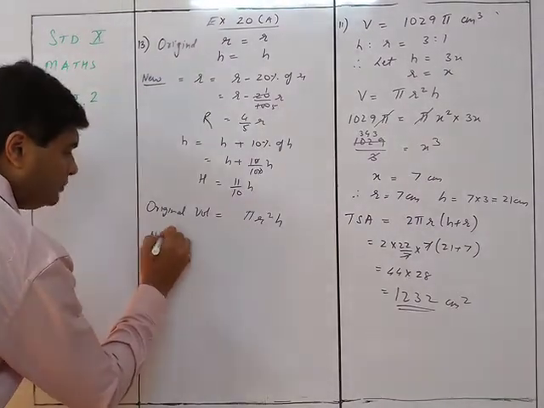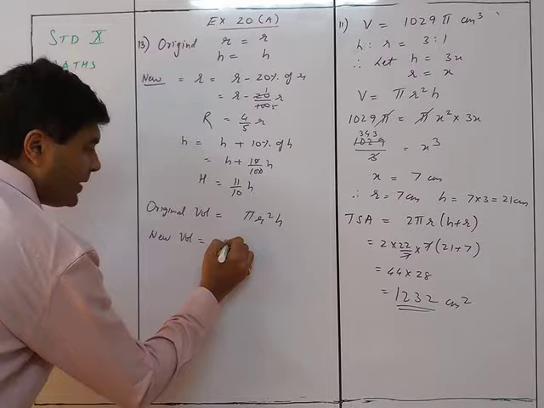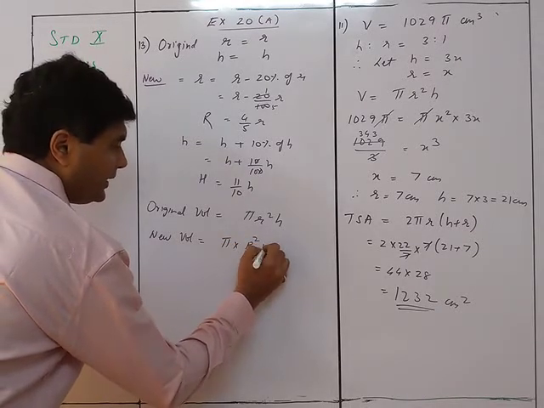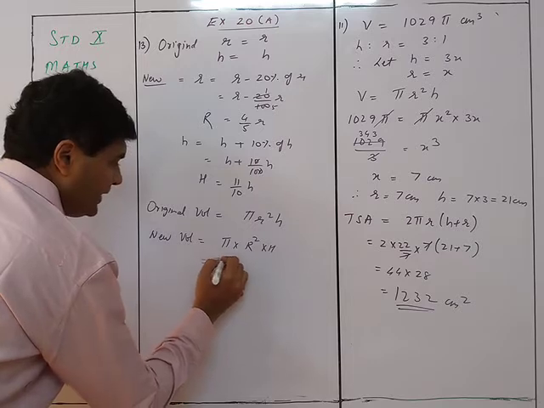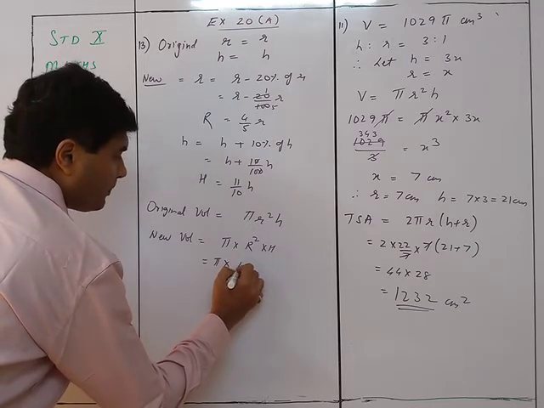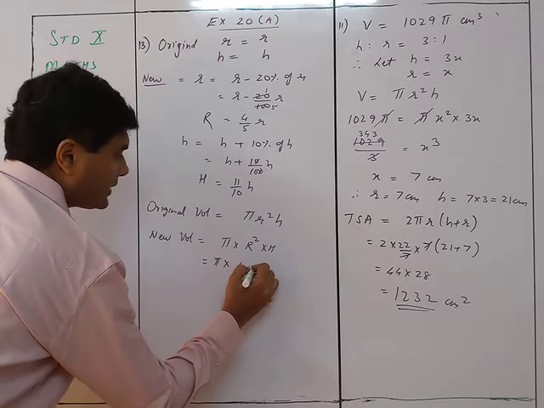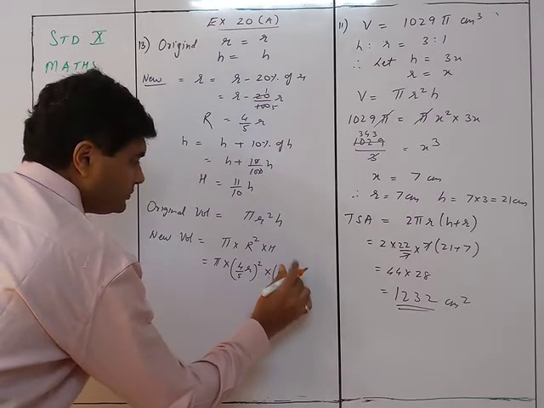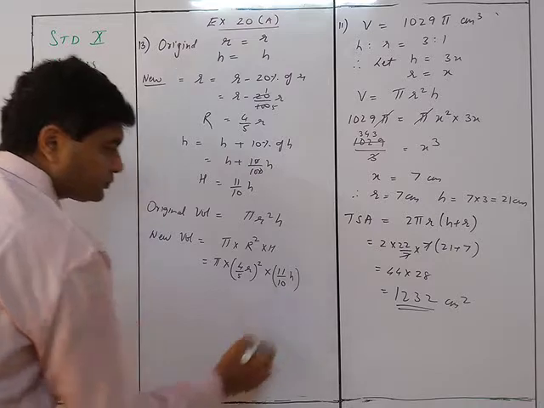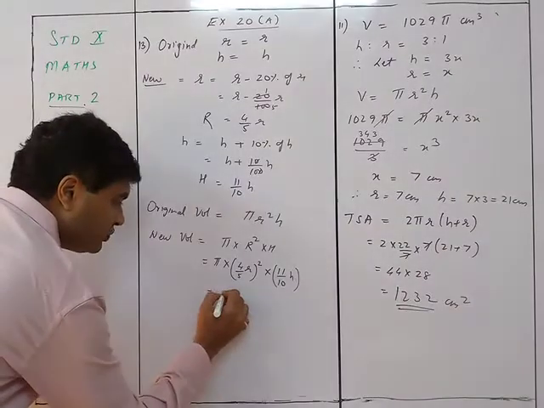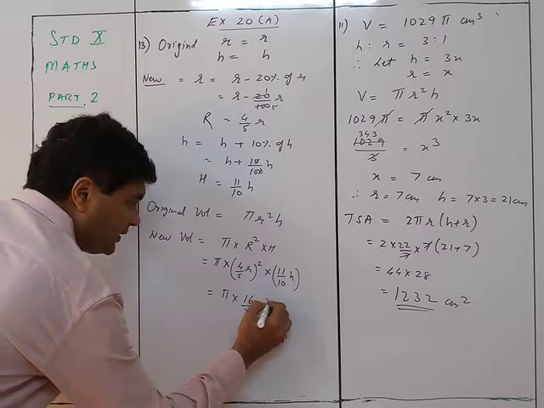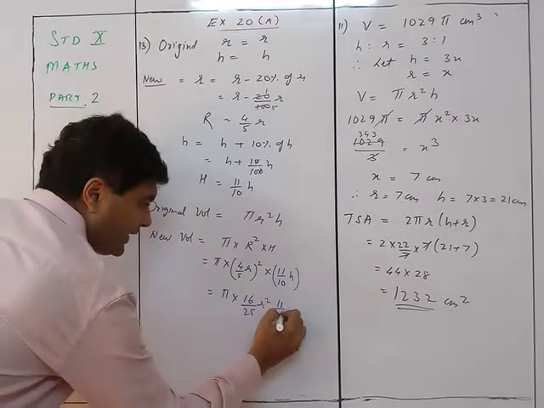The new volume is equal to pi r square h, so that is pi into 4 upon 5 r the whole square into 11 upon 10 h. So this gives you pi into 16 upon 25 r square into 11 upon 10 h.